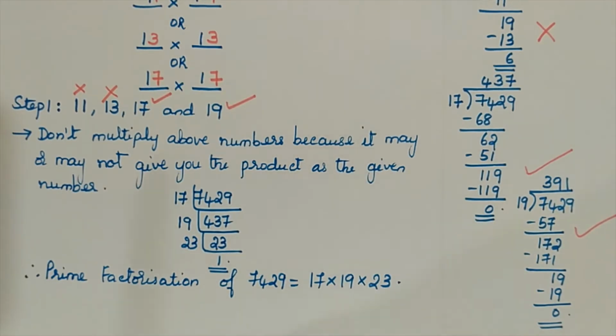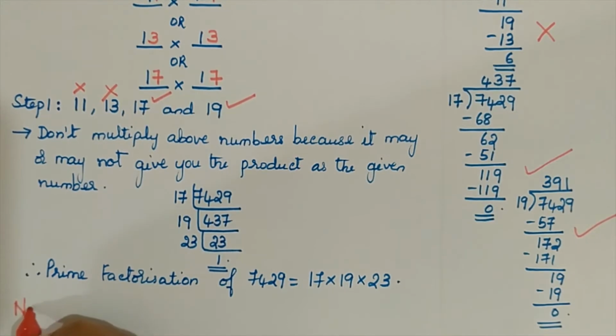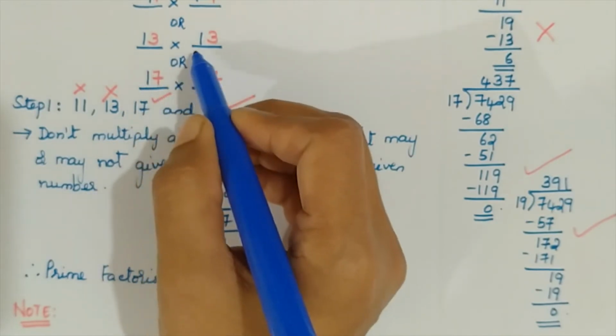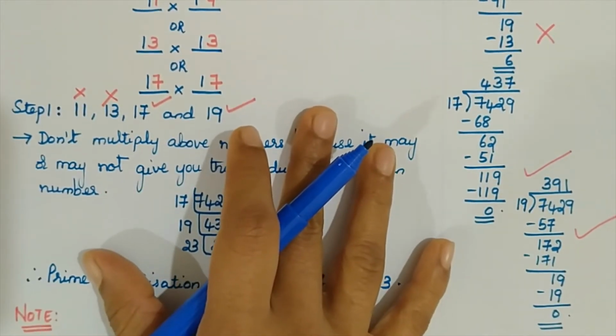Okay, so this is the method. Now note one important point here. What we did, in the tens place we put the natural number, like 1.